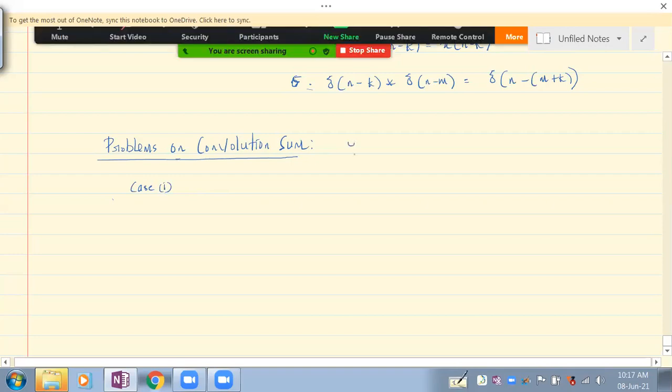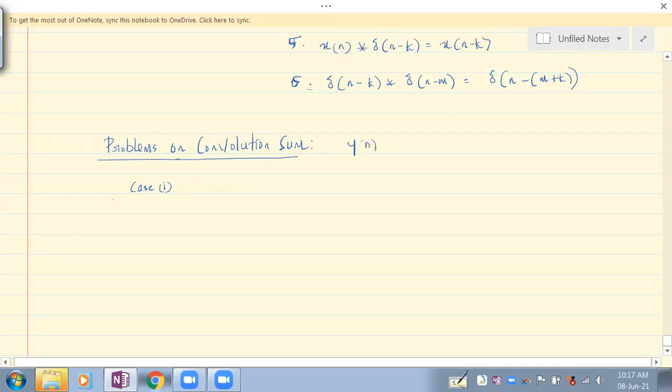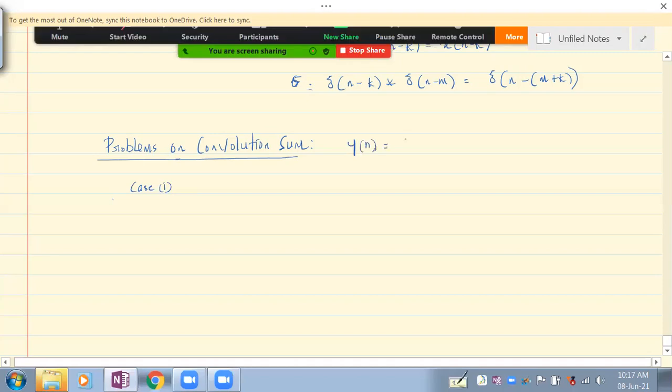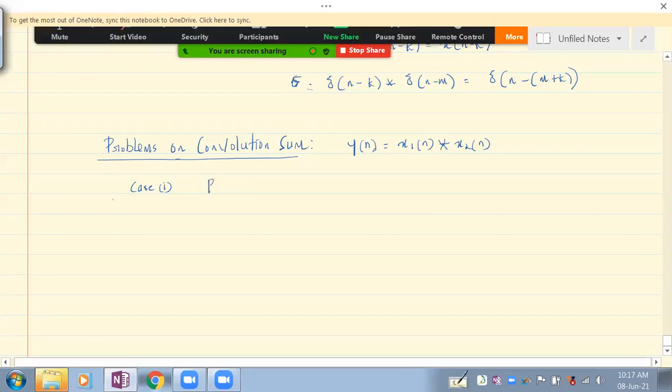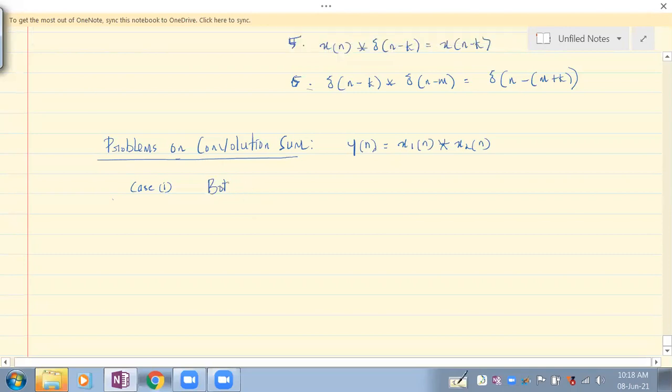If the output of the convolution sum is y of n, then 2 signals would be involved, or there could even be 3 signals, maybe. In case 1, we can have both the signals finite.